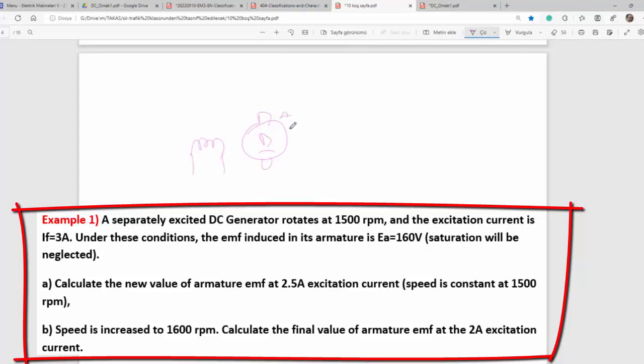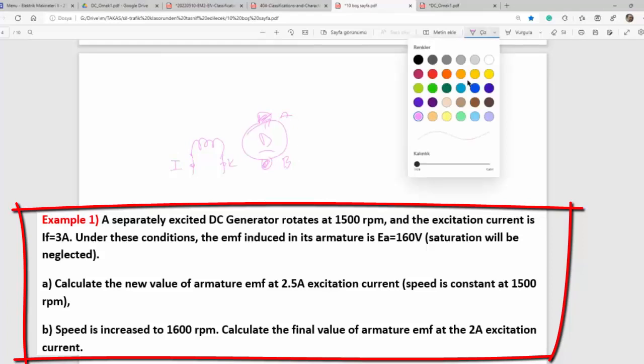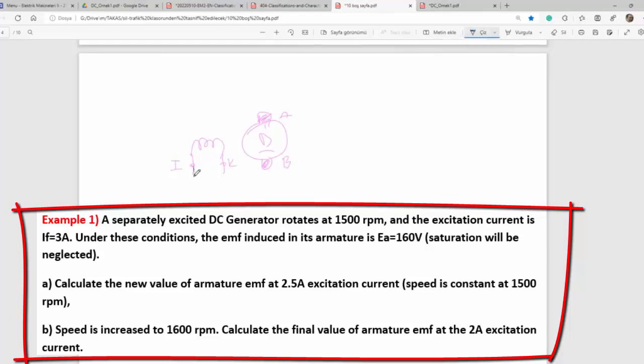Here are the armature terminals. Here are the separate excitation terminals, and you have applied some external separate power for the field circuit. The field current is 3 amps when the shaft speed is 1500 RPM.